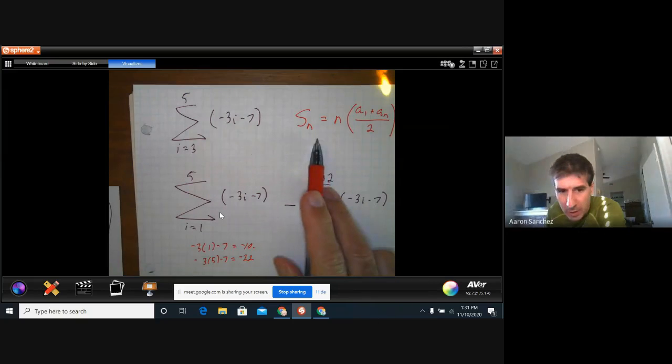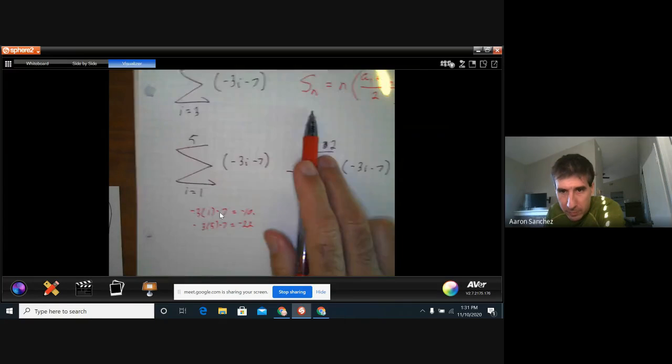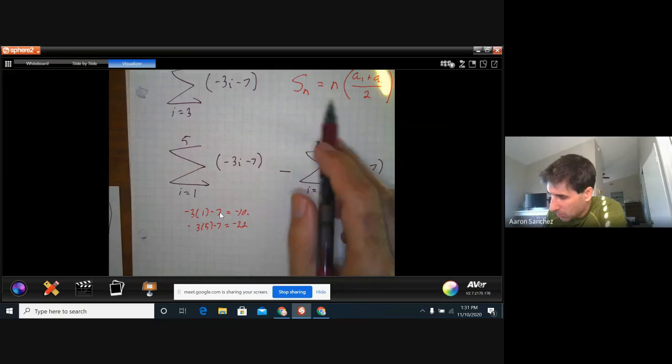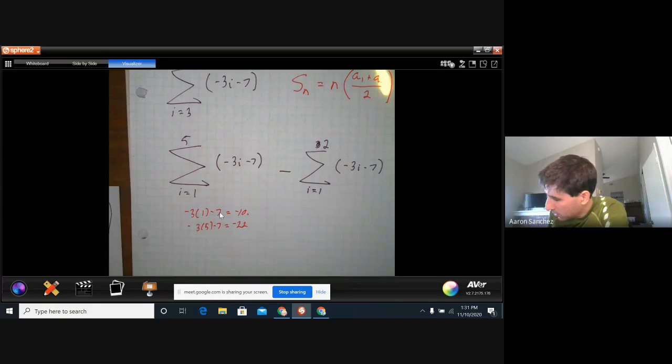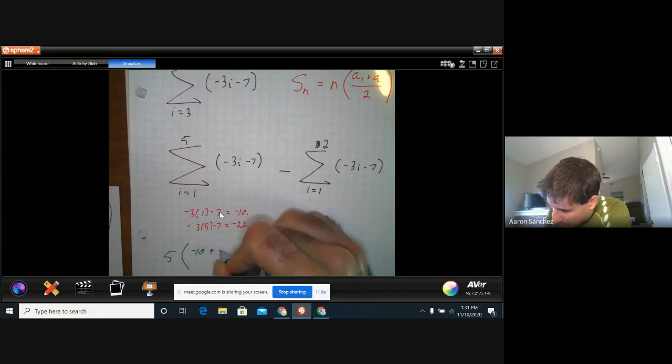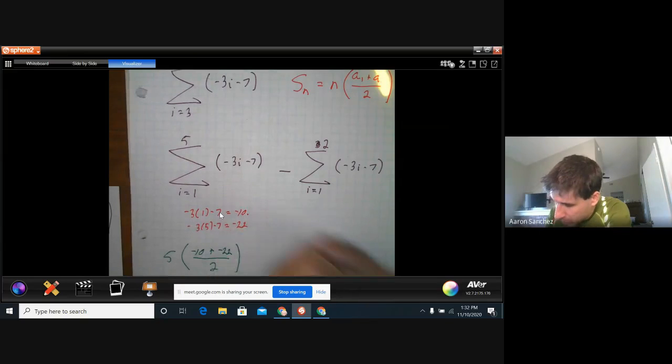So we're going to plug it in here. Okay, so we go up to 5. Do it in green. 5 is my n times my first term, negative 10, plus my last term, negative 22, all divided by 2.